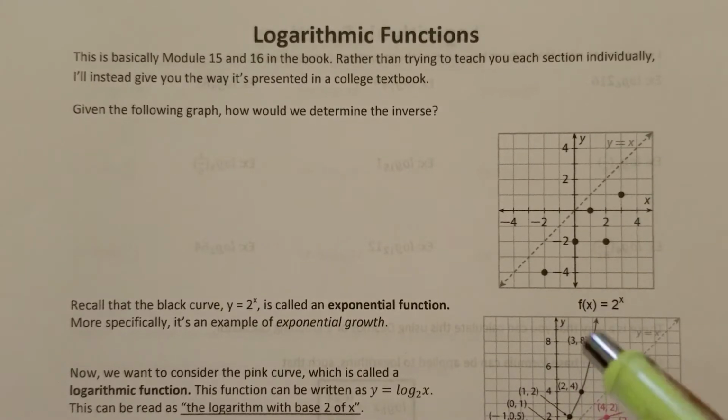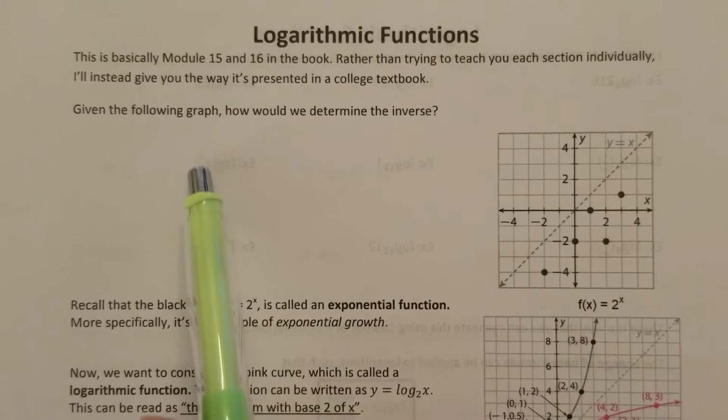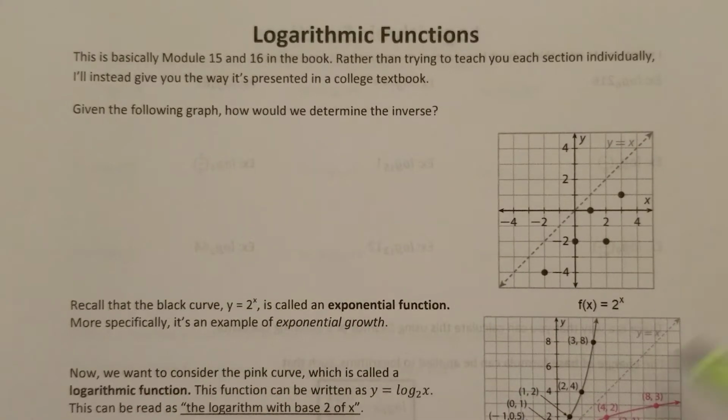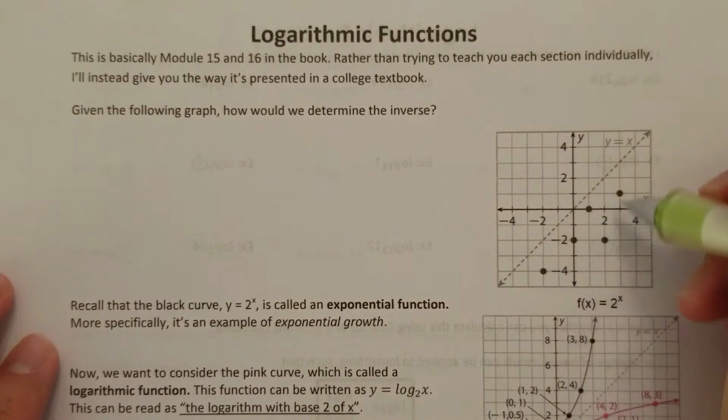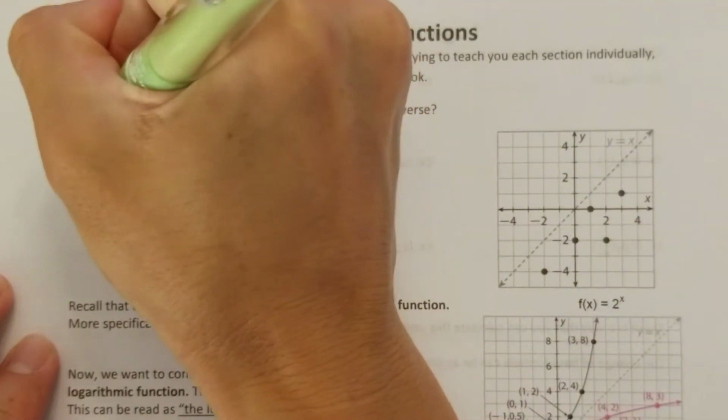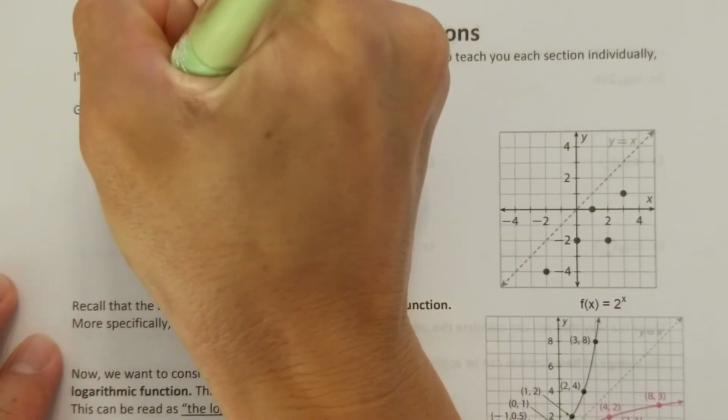Okay. Given the following graph, so let's say I gave you this graph here, how would we determine the inverse? You may have forgotten from quarter one, I believe, how you would determine the inverse of this. So let's go ahead and define our function.